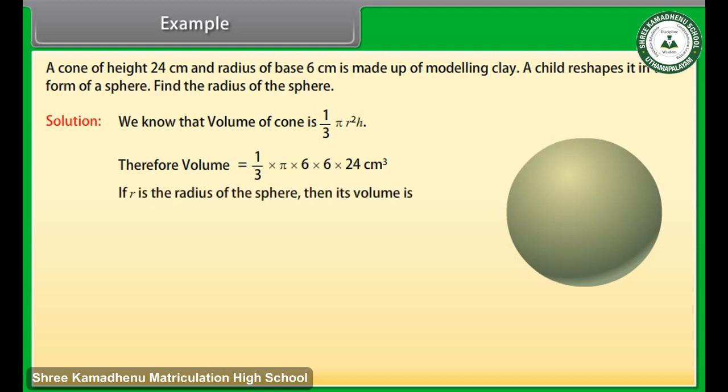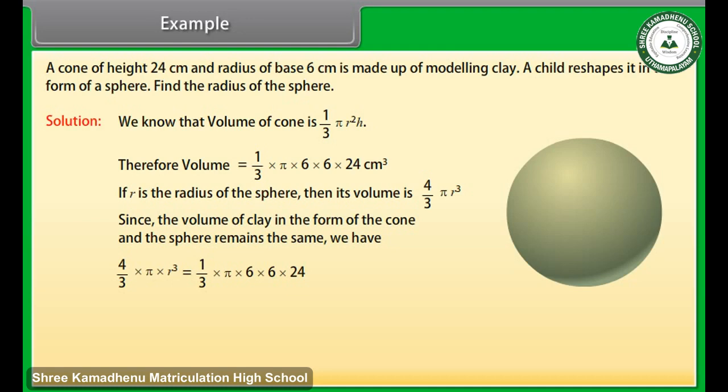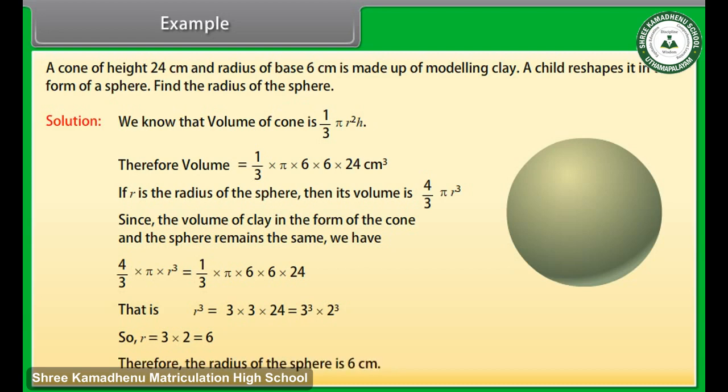If r is the radius of the sphere, then its volume is 4 upon 3 pi r cube. Since the volume of clay in the form of cone and the sphere remains the same, we have, so r is equal to 3 into 2 is equal to 6. Therefore, the radius of the sphere is 6 centimeter.